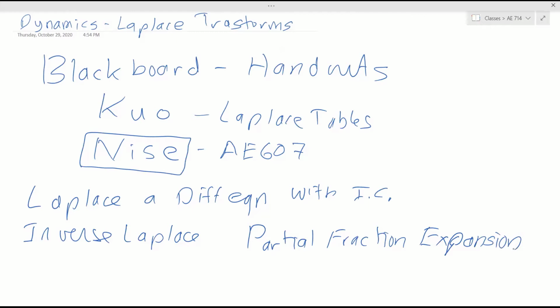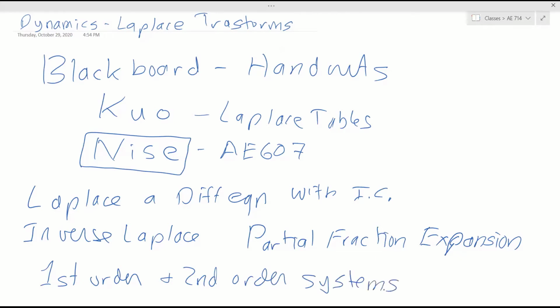What I'm going to go over starting today is first order systems and second order systems. Which is still a review. You've seen this in a class in Laplace transforms or just systems or dynamics.